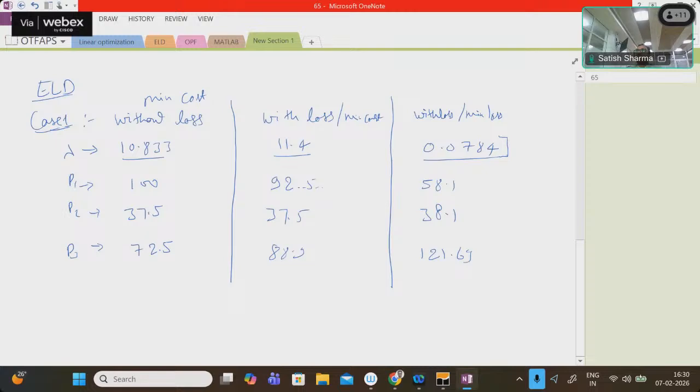I think I have explained many times that this lambda has a certain significance, and from that concept maybe you can explain why the third case lambda is very low.